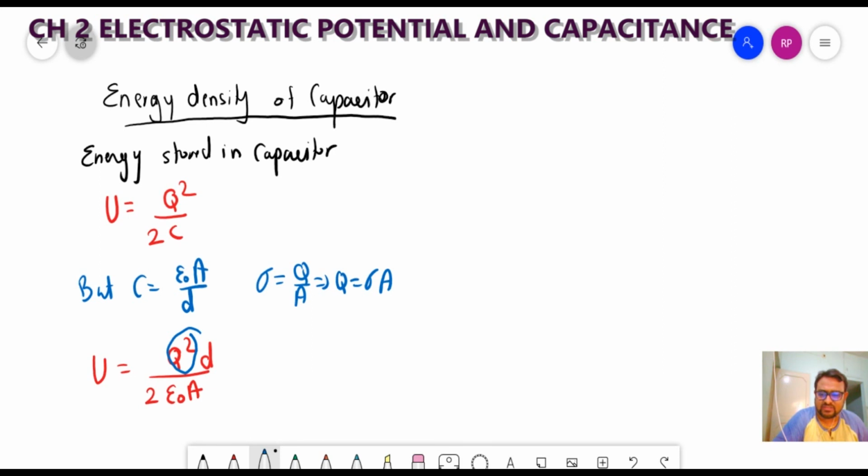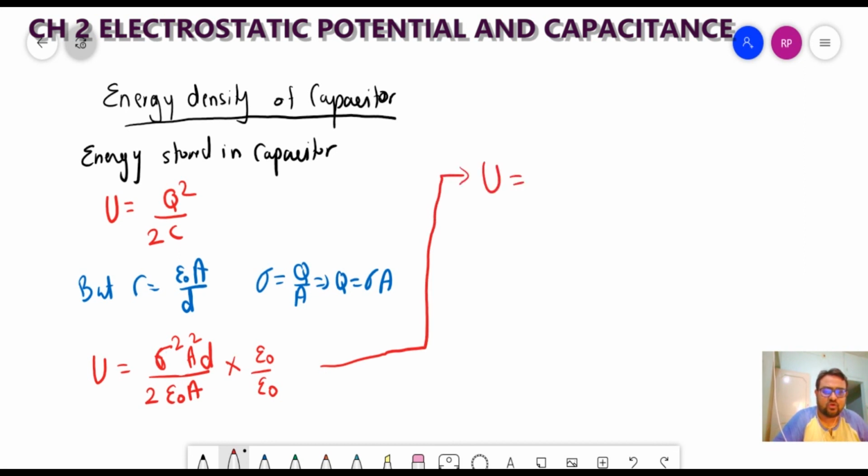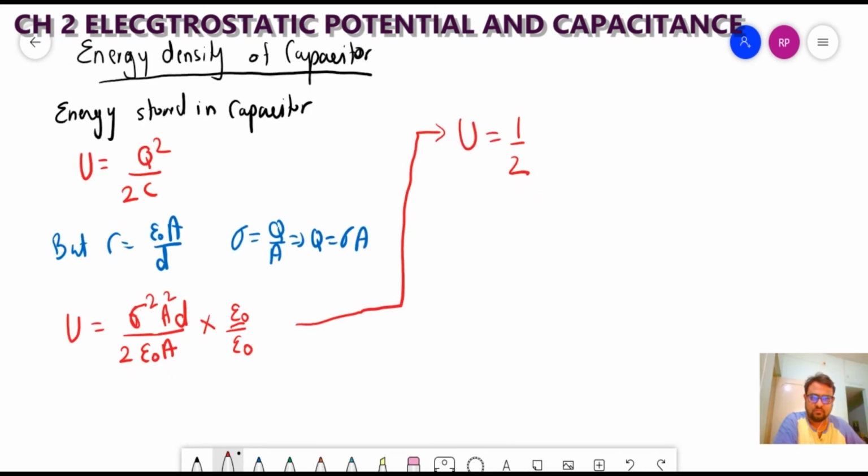So if I put sigma A instead of q, q square will be sigma square A square. Now what I will do, I will multiply and divide by epsilon 0. What I get here is U equal to 1 by 2, epsilon 0 taken outside, then sigma square upon epsilon 0 into epsilon 0, that will be epsilon 0 square.